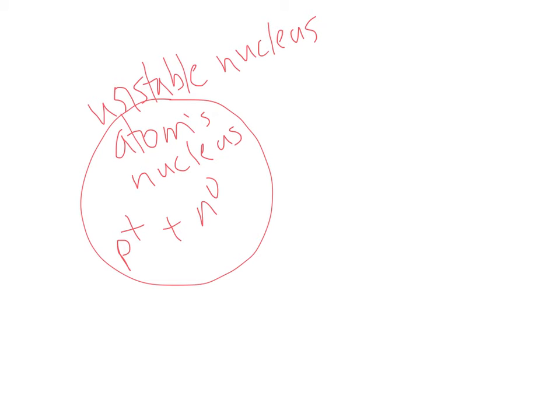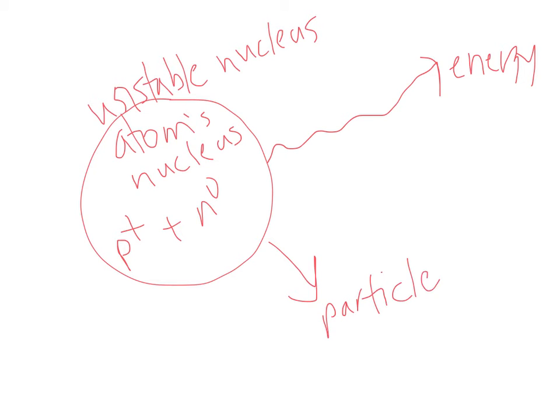And what happens is just spontaneously some energy gets emitted, and at the same time, some kind of particle gets emitted. And that particle can be what we call an alpha, beta, and technically gamma isn't a particle. It's just energy coming off. But that's kind of the general process, is that this nucleus, a little piece breaks off, and that allows energy to be released.